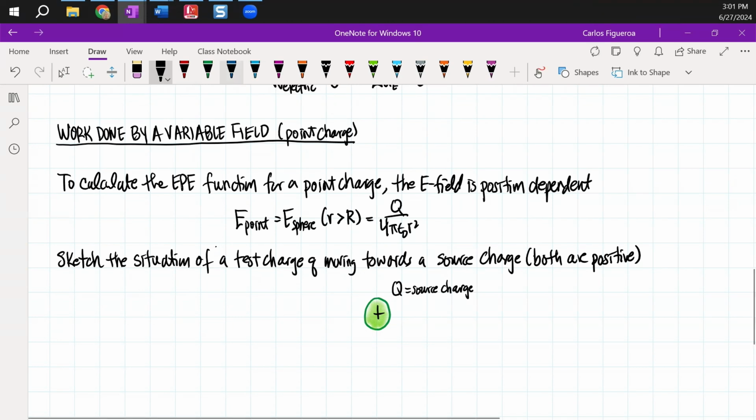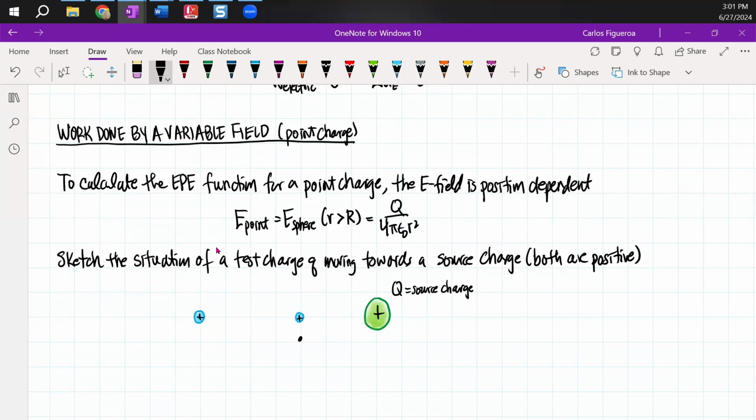Now what I'm going to do is take a little charge. Let's say it's this far out here. And my whole goal is to move the charge closer. And so when I'm looking at these charges, we typically talk about points in the field.